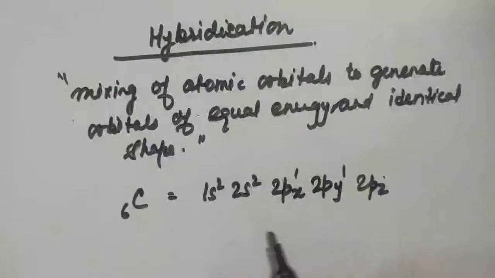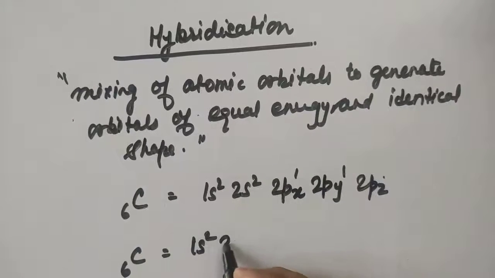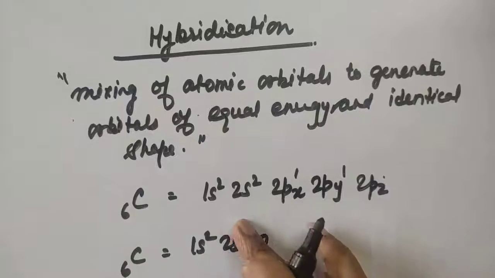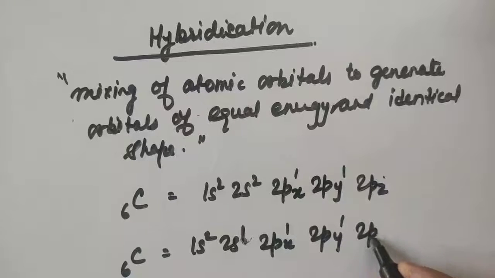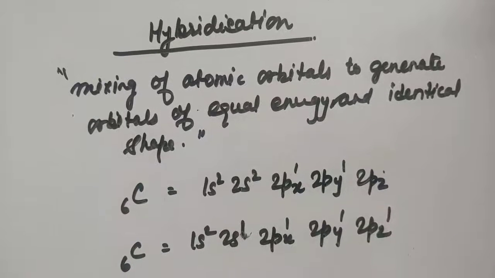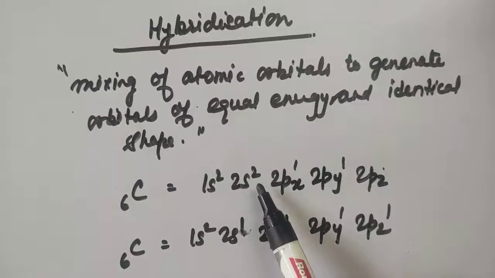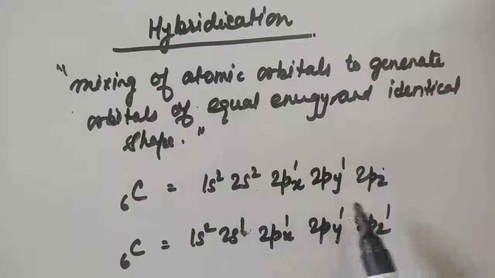So the new electronic configuration of carbon will be 1s2, 2s1, 2px1, 2py1 and 2pz1, after 1 electron from the 2s orbital jumps to 2pz.